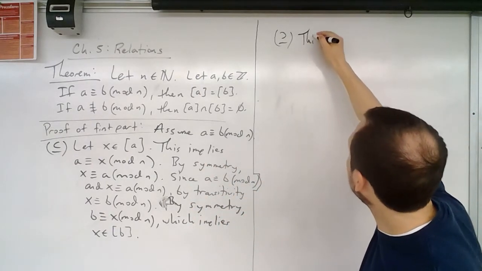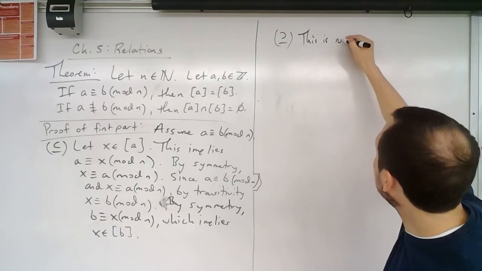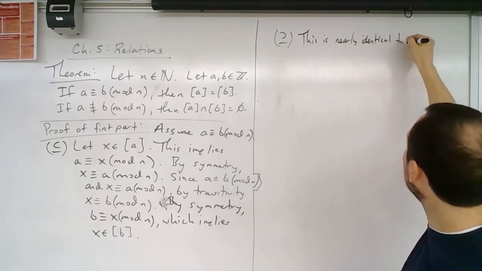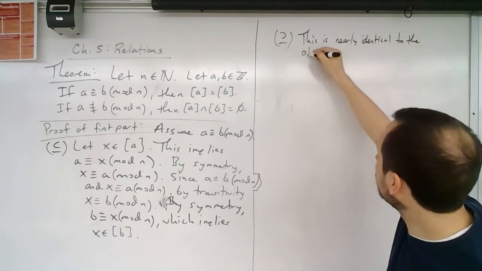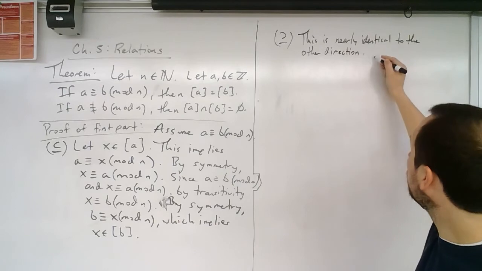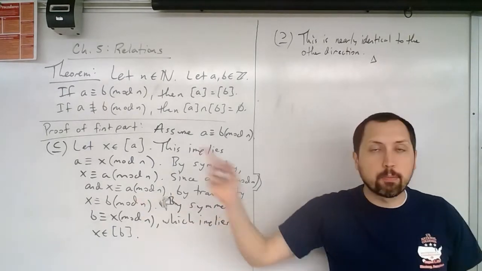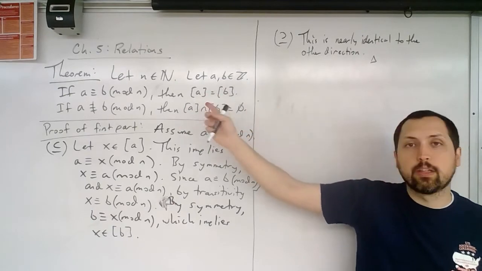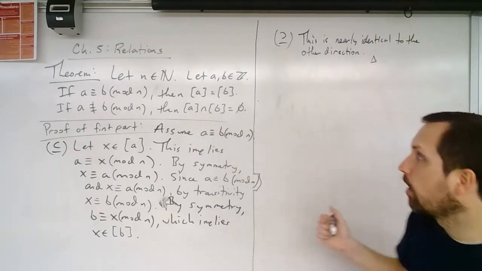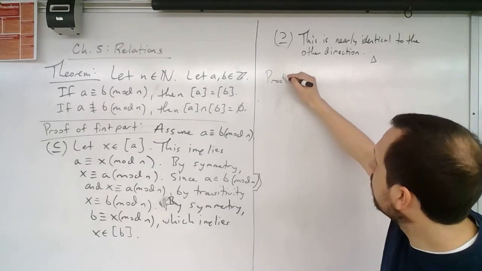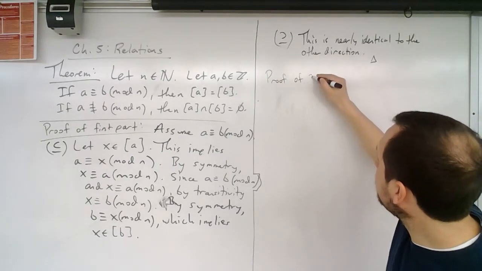It is nearly identical to the other direction. And that concludes the first part of our proof, which says that if a is congruent to b mod n, then these two relation classes are going to be equal to each other. So now we'll take a look at the proof of the second part.